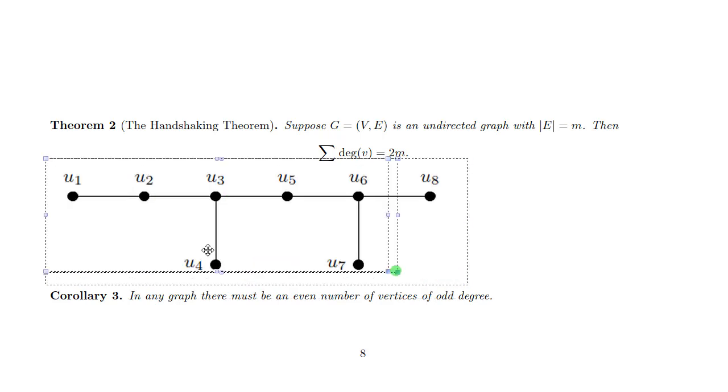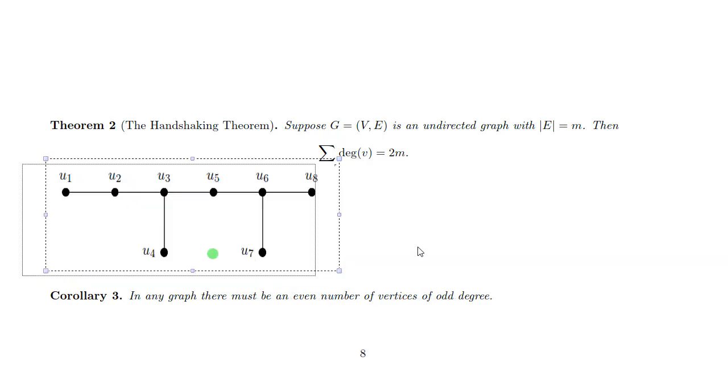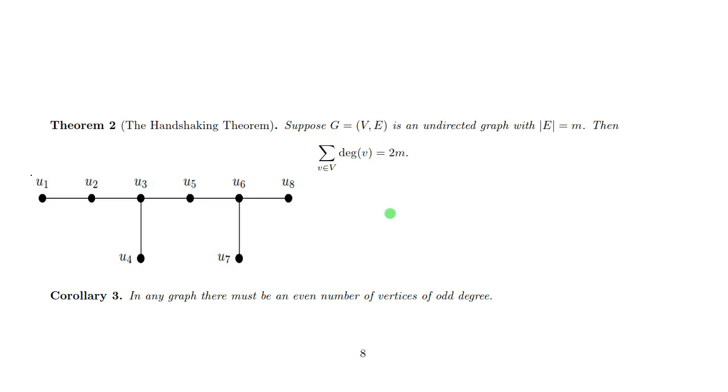This is undirected, and if we look at the number of edges, we've got 1, 2, 3, 4, 5, 6, 7 edges. So m equals 7. And if we take the sum of all of the degrees, I'll just write this out as we go, going through in index order.